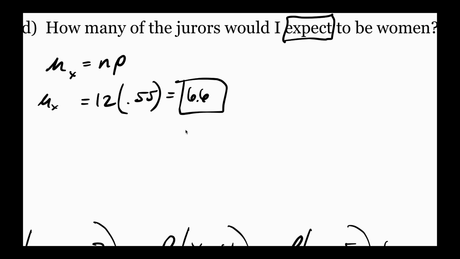It's okay to say 6 or 7 when you have that number, because this is your data to back it up. I can't just not have this and say between 6 or 7. I have to have 6.6 somewhere in there.